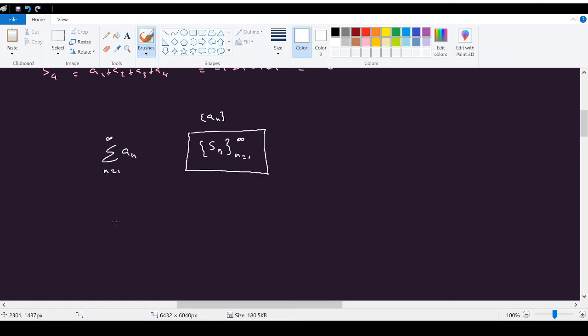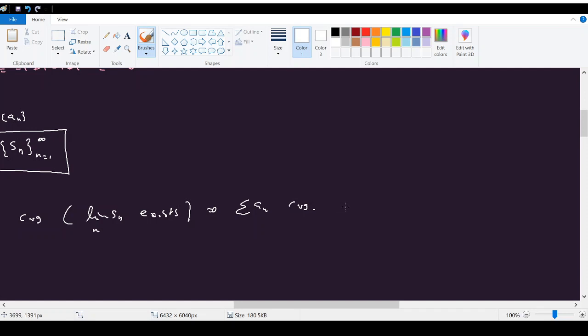If this sequence converges, that means the limit of S_n exists finitely, then we say that the series also converges and the value of the series is equal to that limit of the partial sums.